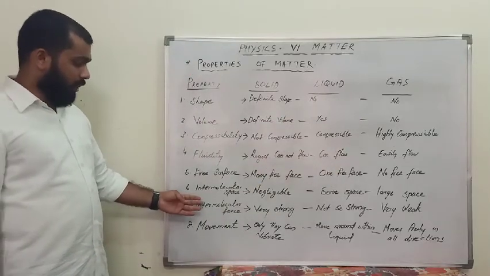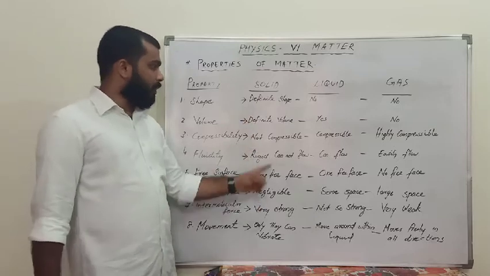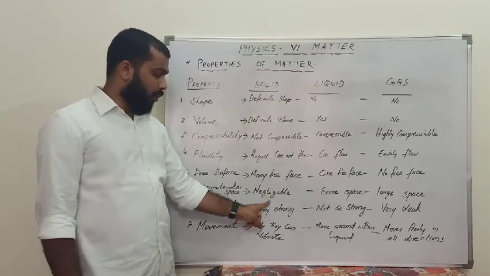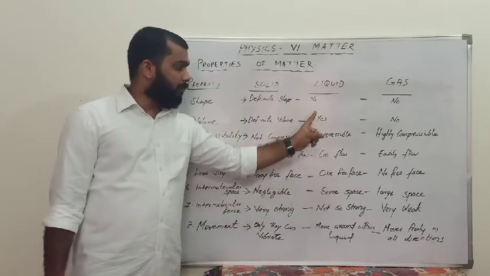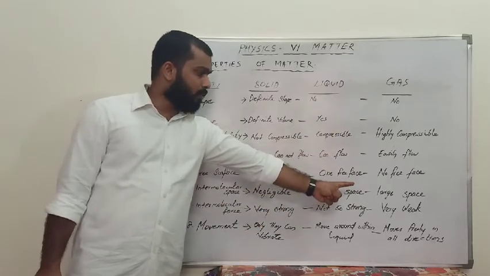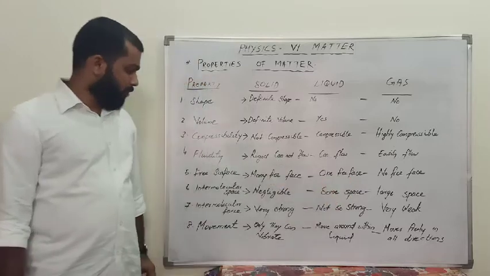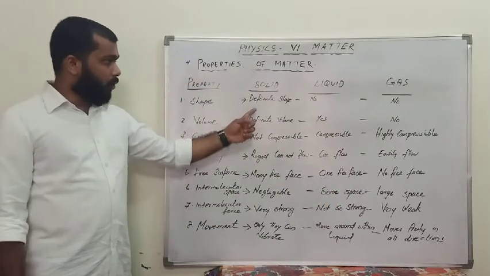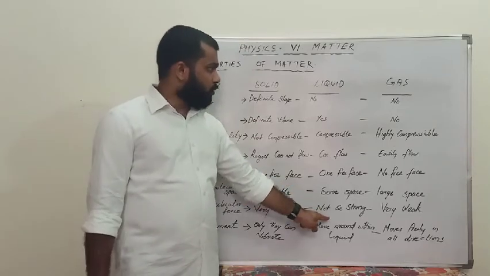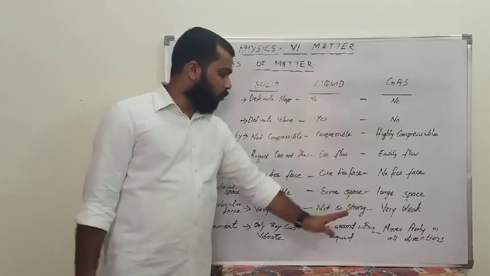And intermolecular space: in the case of solids, it is negligible, or there is no space between molecules. Some space is there in the case of liquid, and in the case of gases, large spaces.